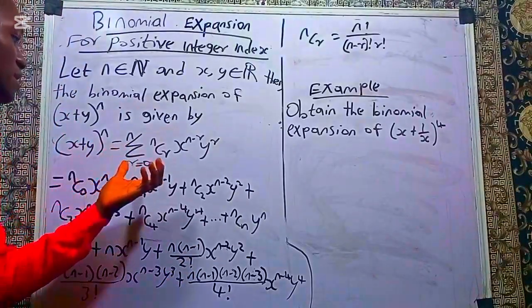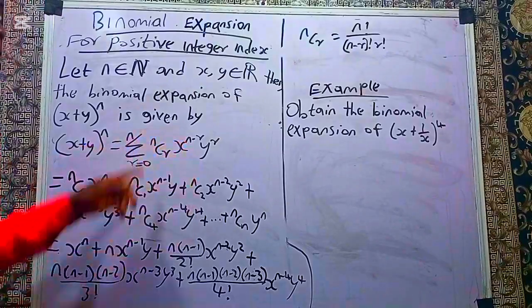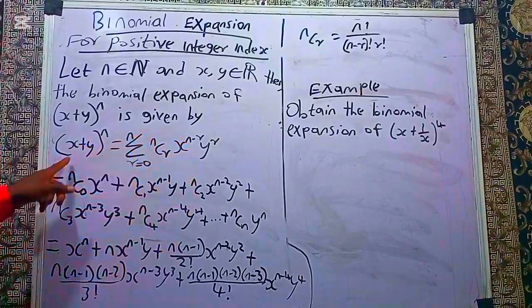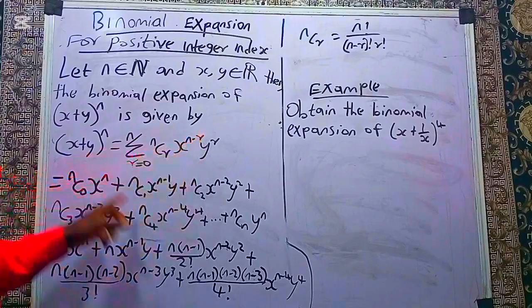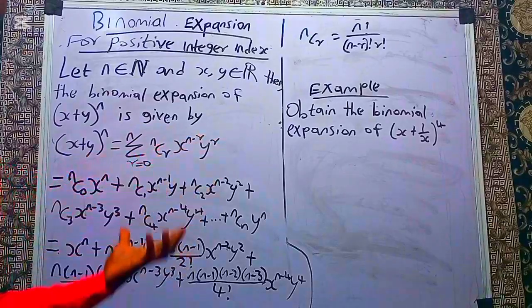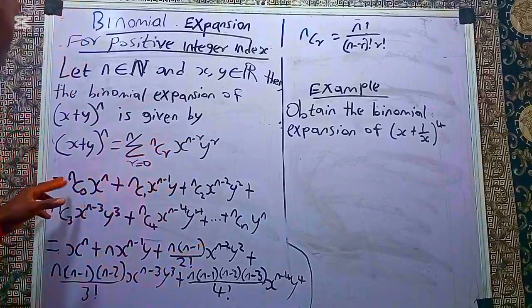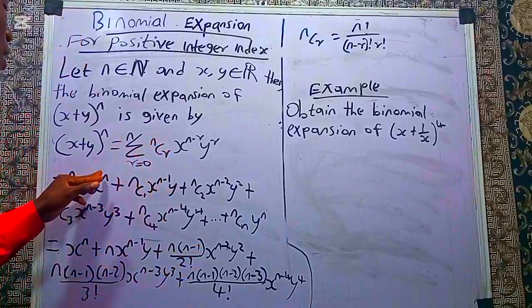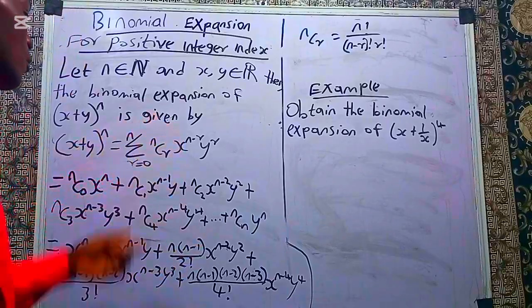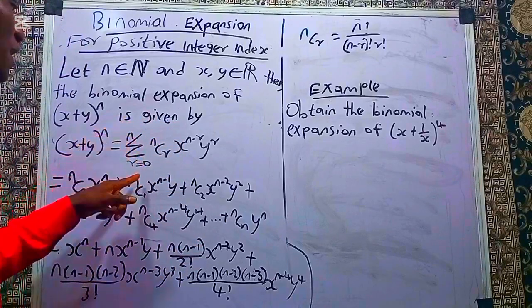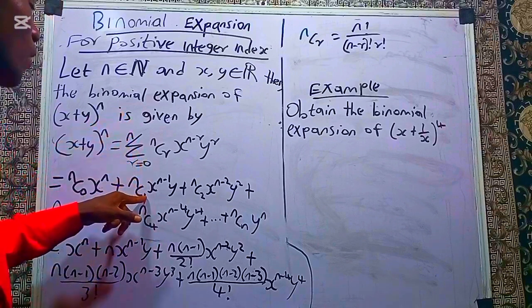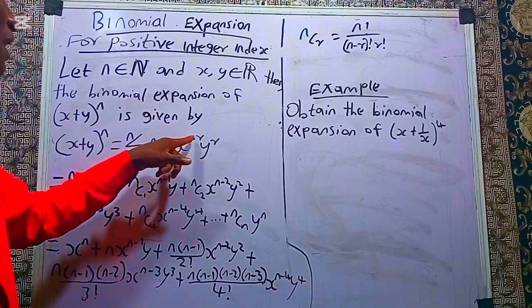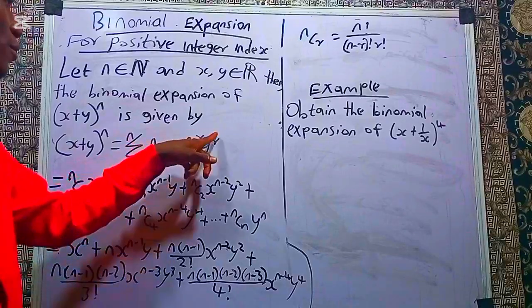Now with this, expanding this summation, when r is 0, you will have n combination 0, x raised to power n minus 0, then y raised to power 0. Y raised to power 0 is 1. So that's why we are having n combination 0, x raised to power n at the first one. When r is 1, because r is going from 0 to n, you have n combination 1, then x raised to power n minus 1, then y raised to power 1.